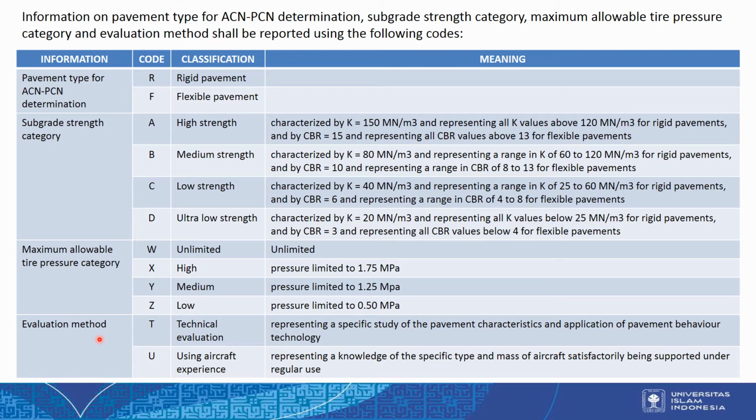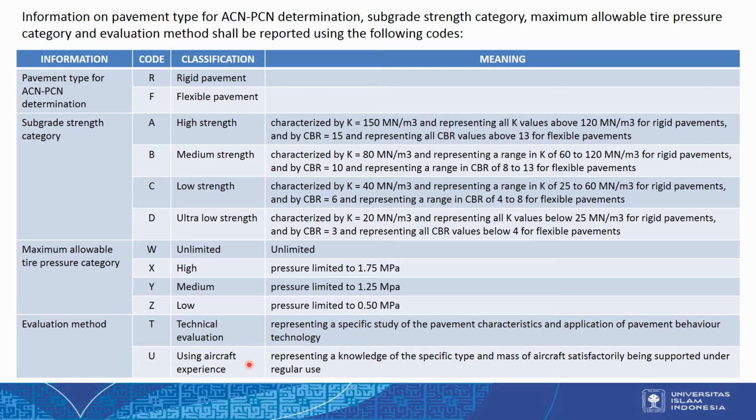The last information is the evaluation method of the pavement. There are 2 codes, T and U. The T stands for technical evaluation, representing a specific study of the pavement characteristics and application of pavement behavior technology.